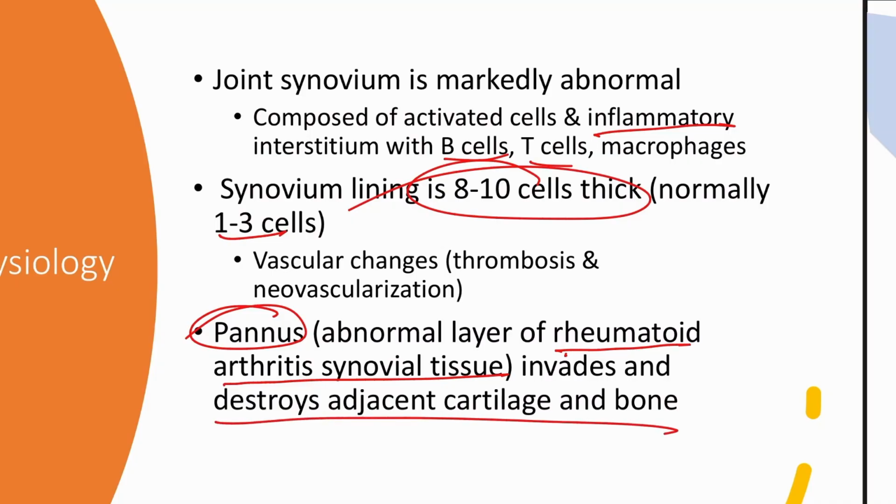So you destroy the cartilage because of the inflammation from the synovial membrane, whereas the opposite with osteoarthritis was overuse injury. Constant use would crack the cartilage, and then the synovial fluid would leak in, causing all those changes. So osteoarthritis is more of a mechanical problem, overuse injuries. Rheumatoid is an autoimmune problem. Your body's attacking the tissue, causing the inflammation, causing this pannus to form, and this inflamed synovial membrane will start to attack the surrounding tissues, degrading the whole joint.